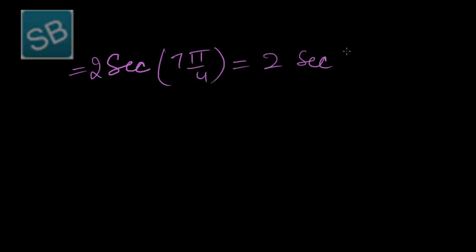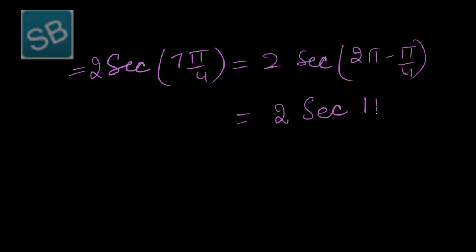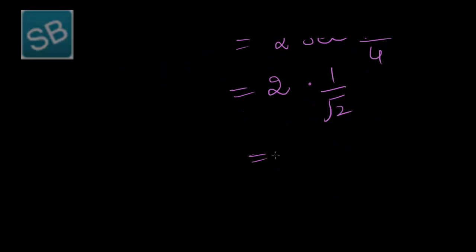It becomes 2 secant of 2 pi minus pi by 4, that is in the fourth quadrant. The fourth quadrant is the home quadrant of secant, so it remains positive, and as on 2 pi there is no t ratio change, we get 2 secant pi by 4, and the value of secant pi by 4 is 1 by root 2. So 2 into 1 by root 2 is root 2.